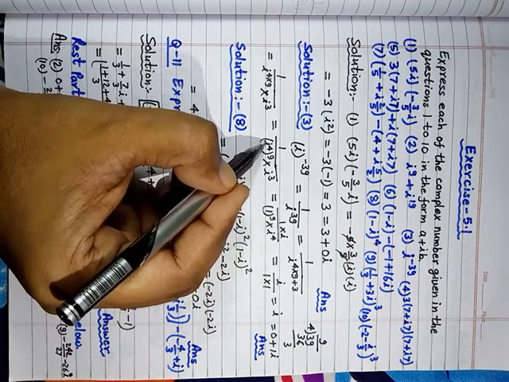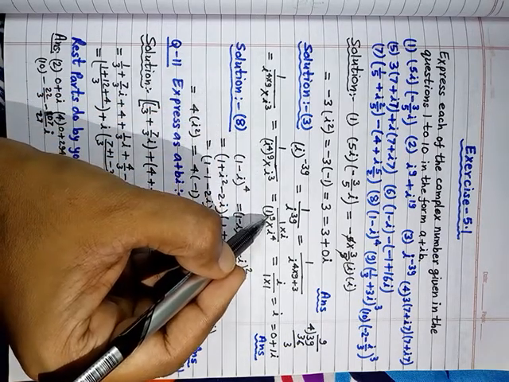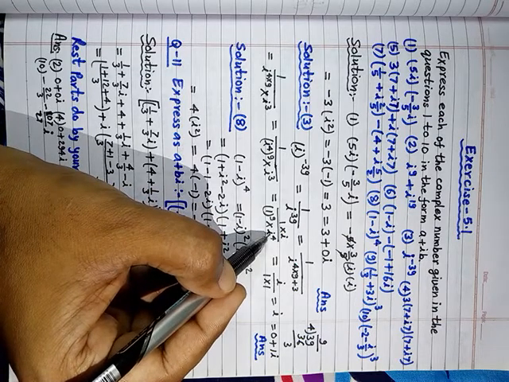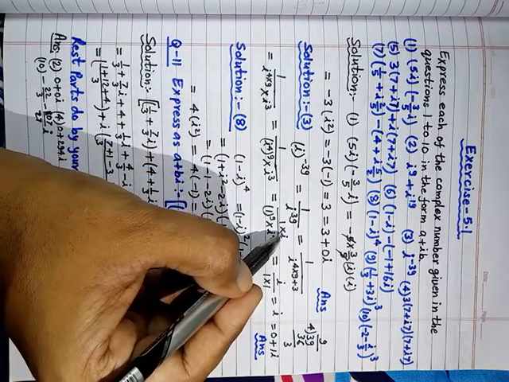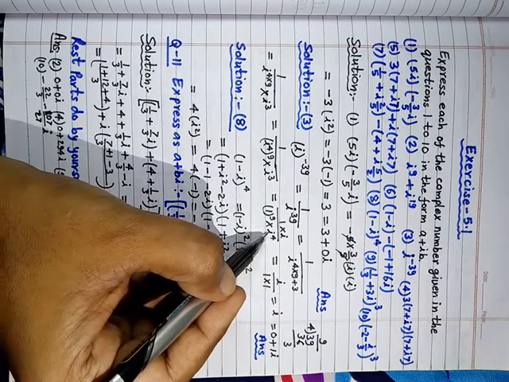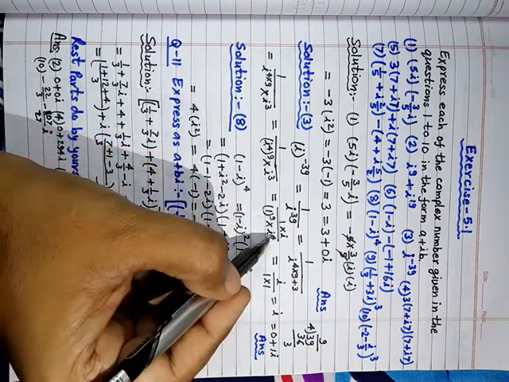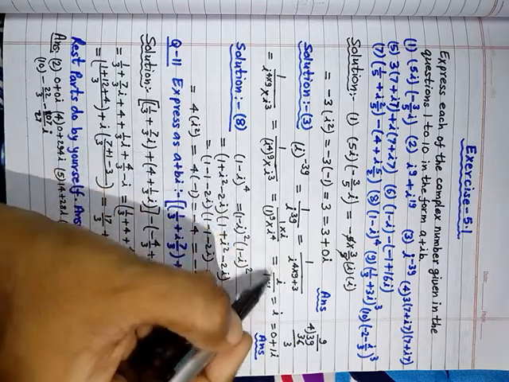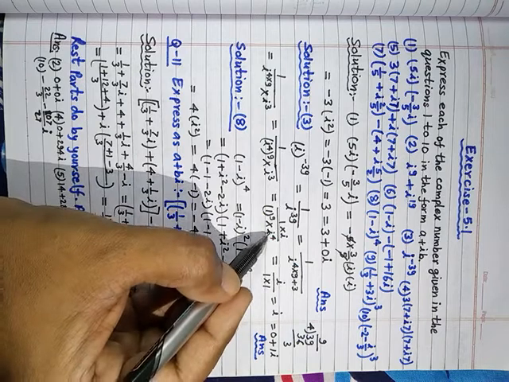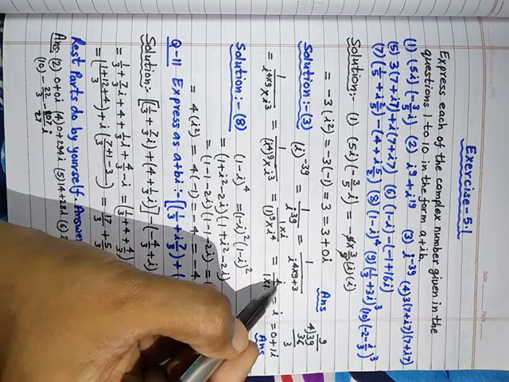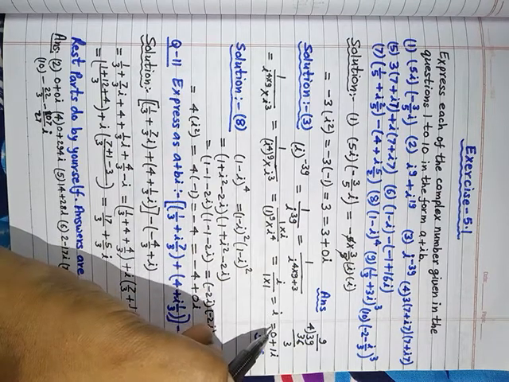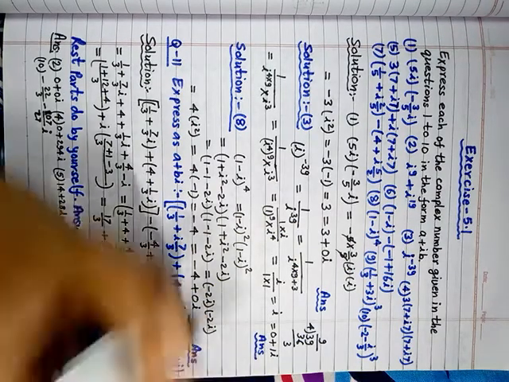And you know i to the power 4 is equal to 1. We multiply i in numerator and denominator, then i to the power 4 is in the denominator and i in the numerator, so i upon 1 into 1, because i to the power 4 is equal to 1. So i upon 1 means i, and i may be represented as 0 plus 1i.